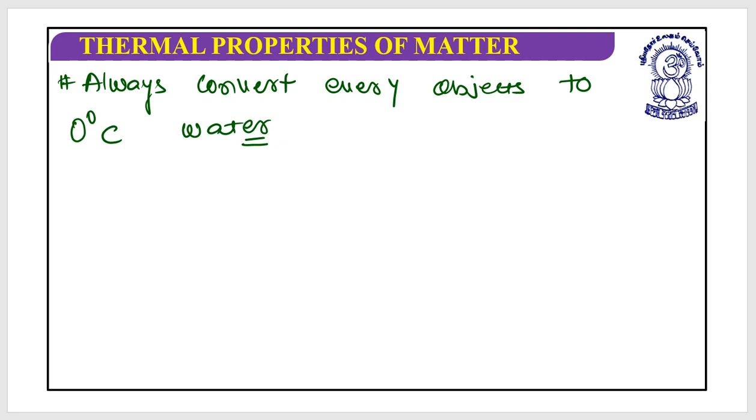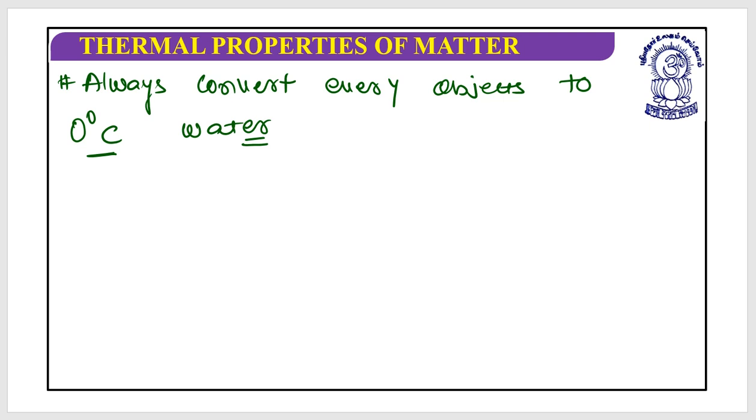We do not find anything other than this in most cases of calorimetry. So first do this and then you will get an idea of how other categories of questions can be done. So first look at this, observe this. Always convert all the objects to 0 degree Celsius water.